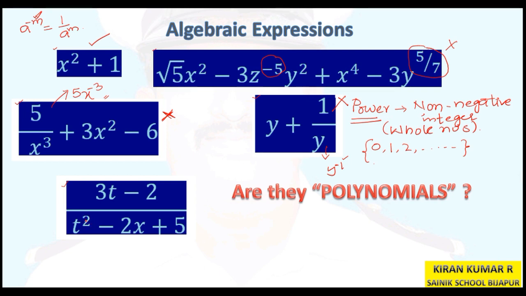It cannot be further simplified since the denominator is having a variable. We can say that this is not a polynomial.